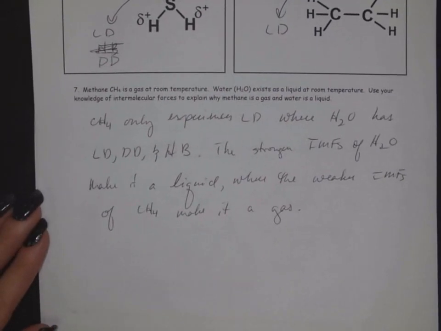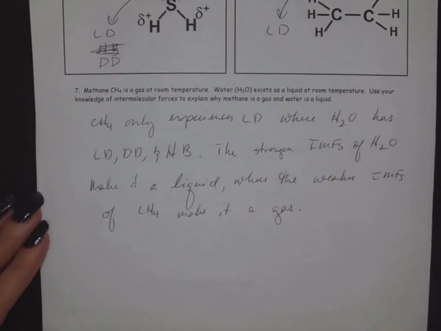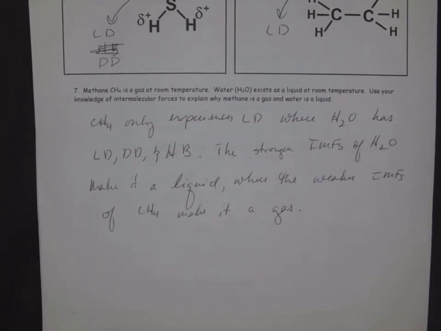And number 7. And I know I'm writing in cursive, so I'll just read the answer to this last one. CH4 only experiences London dispersion, where H2O has London dispersion, dipole-dipole, and hydrogen bonding. The stronger IMFs of H2O make it a liquid, where the weaker IMFs of CH4 make it a gas.